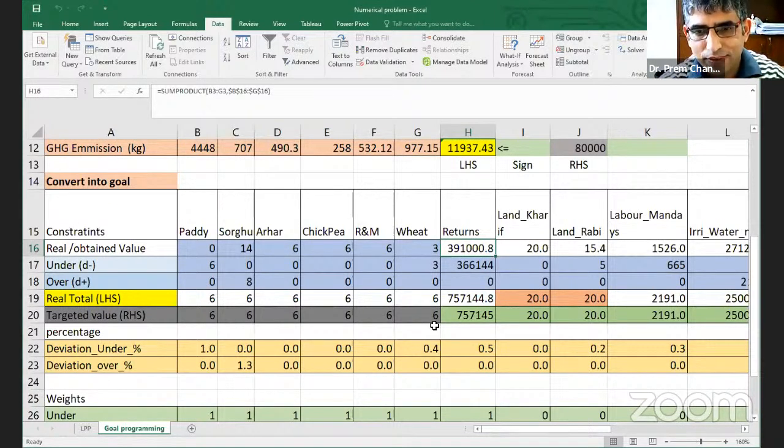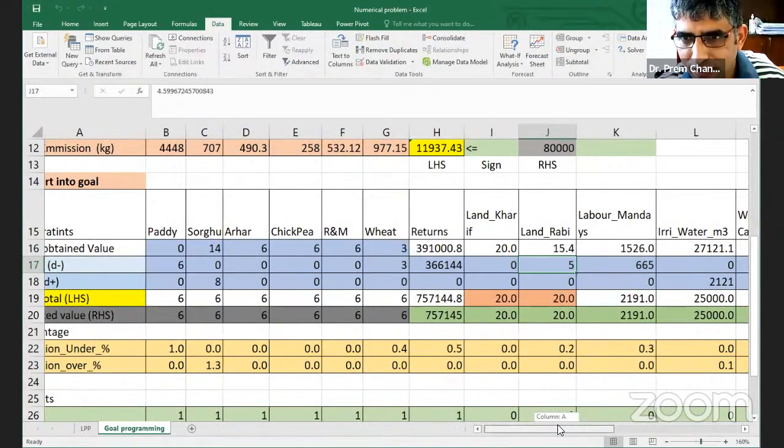3.66 lakh rupees. The entire 5 hectare of land in Rabi will be underutilized, unutilized because he doesn't have water. He has an additional obligation of reducing GHG emission.